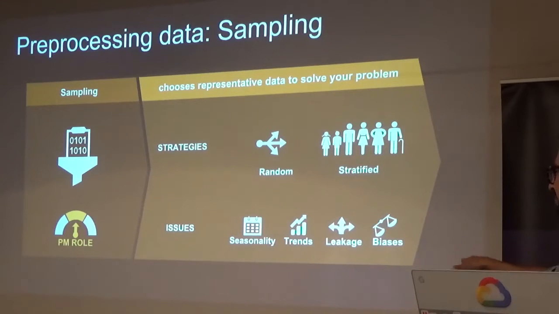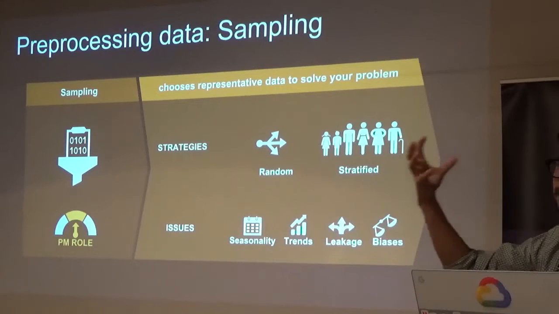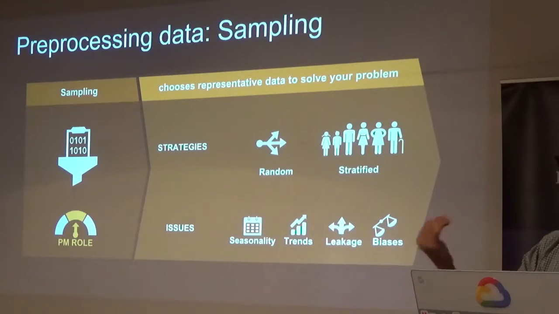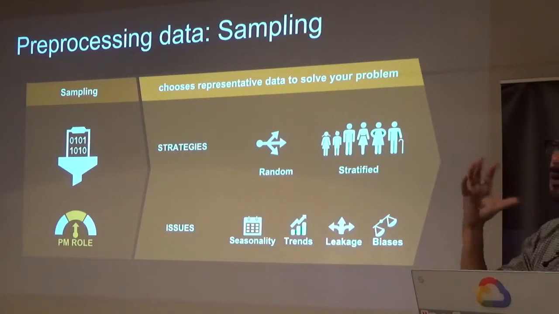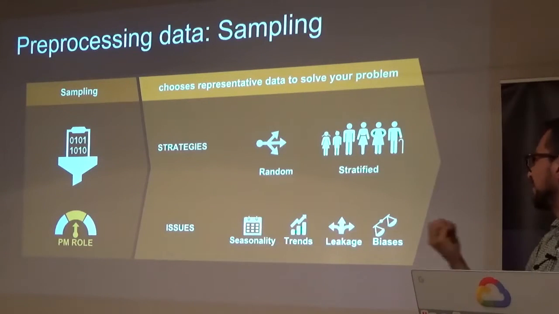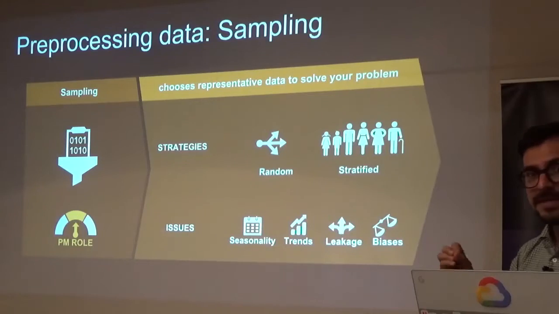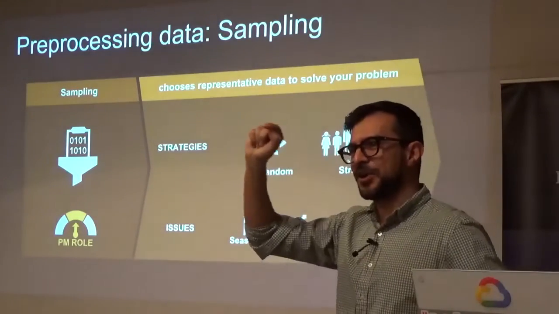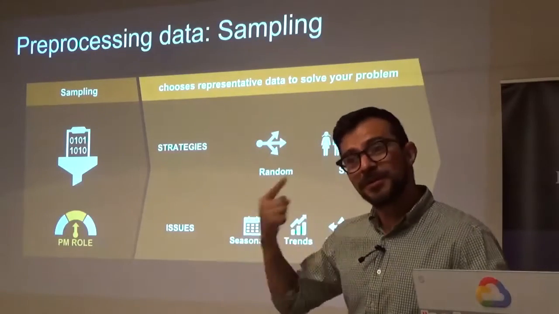So there are tons of issues. Seasonality, as we were discussing: if you only use data from a specific time, the data is not great. Or there's a specific trend that you're not catching, or you only caught the data with that trend. Leakage means that some of the data will actually start getting back into your model.